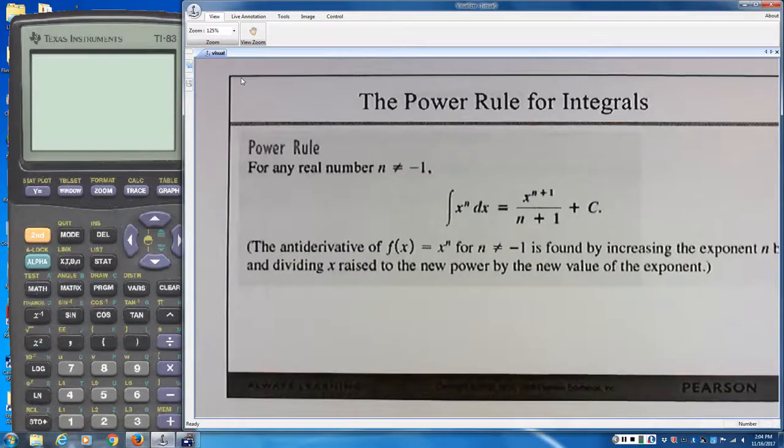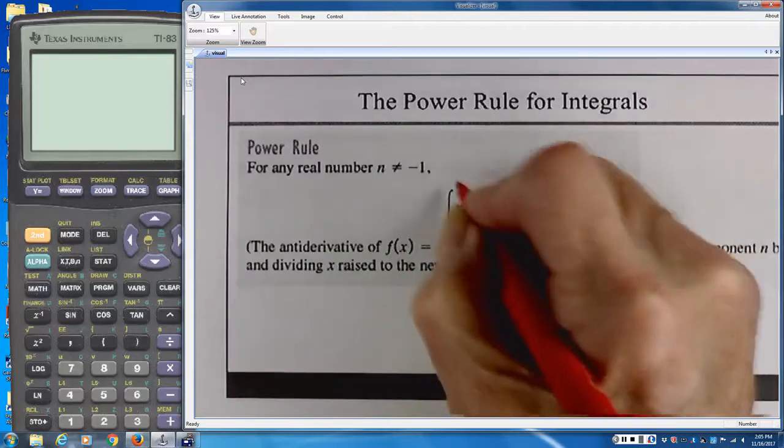So now we'll look at something called a power rule for integrals. If you have the integral, which is the same as the antiderivative, if you have the integral of x raised to any power, and the way that you write an integral or an antiderivative is this, this is called the integral sign.